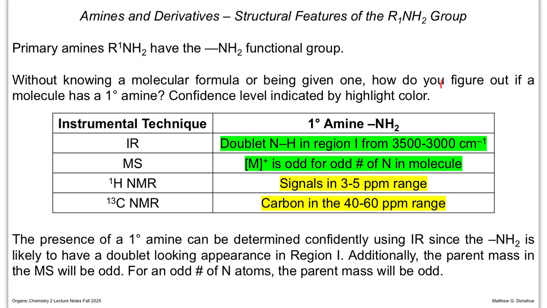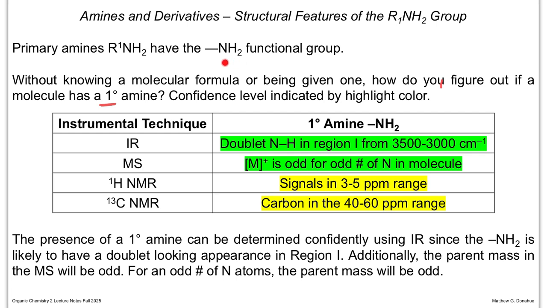So a couple things, I believe. I've really highlighted the case of the primary amine, and when it gets into secondary and tertiary, it's a little bit more difficult to use the spectroscopic techniques to classify these things.